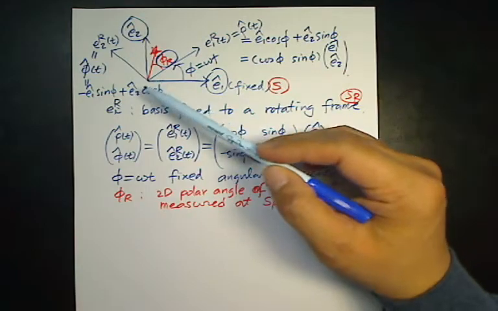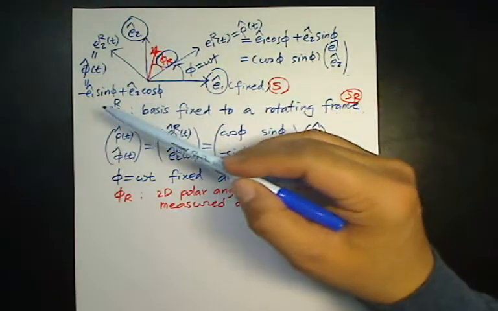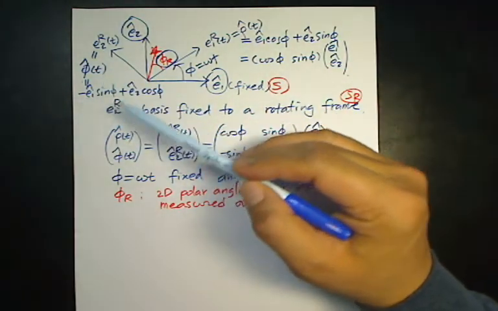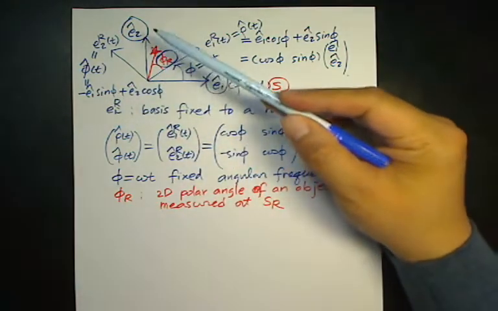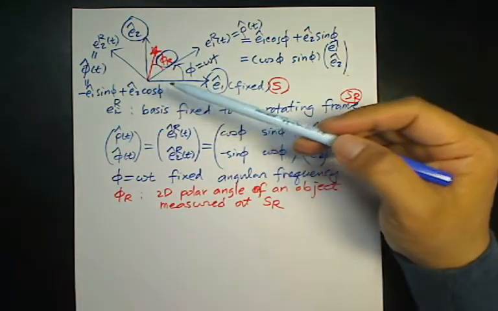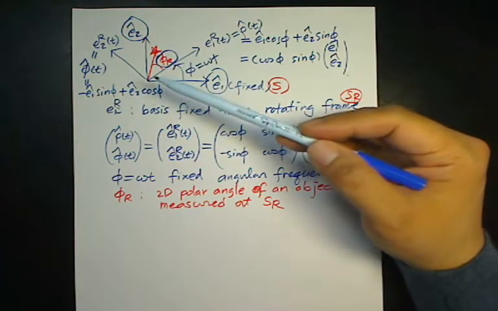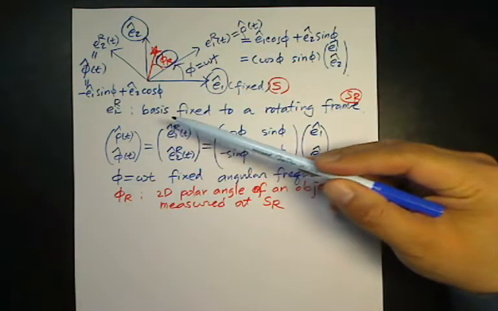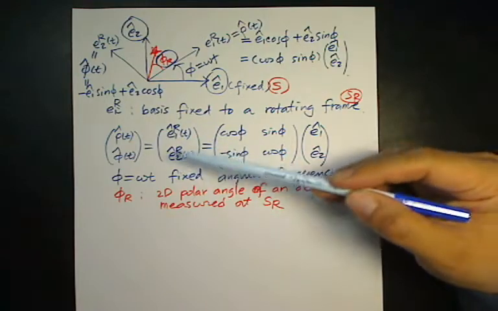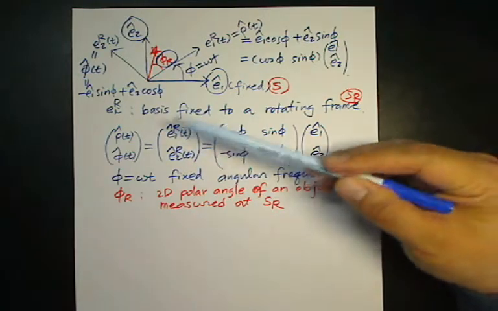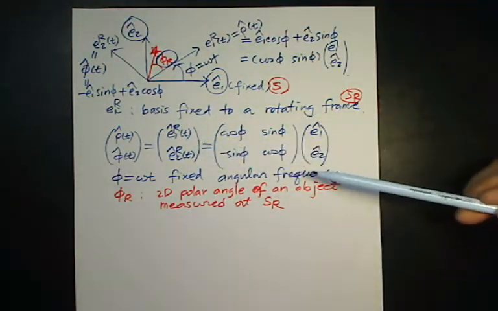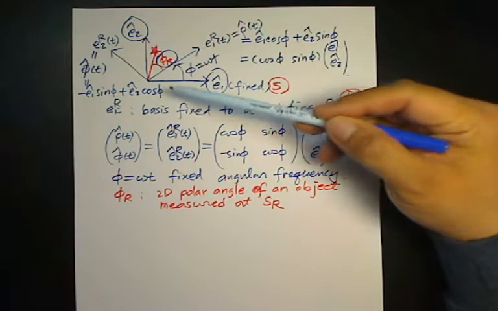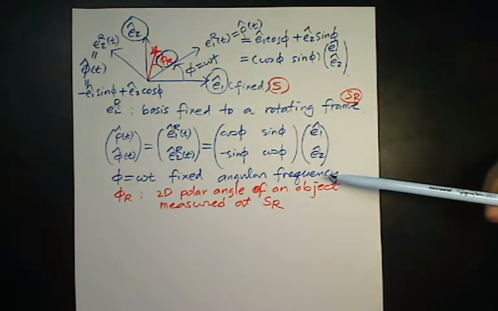And this one has this direction. The X component is negative sine phi. The Y component is cosine phi. Therefore, if I combine these two contributions, the rotating frame basis vectors can be expressed as a linear combination of the fixed axis basis vectors.